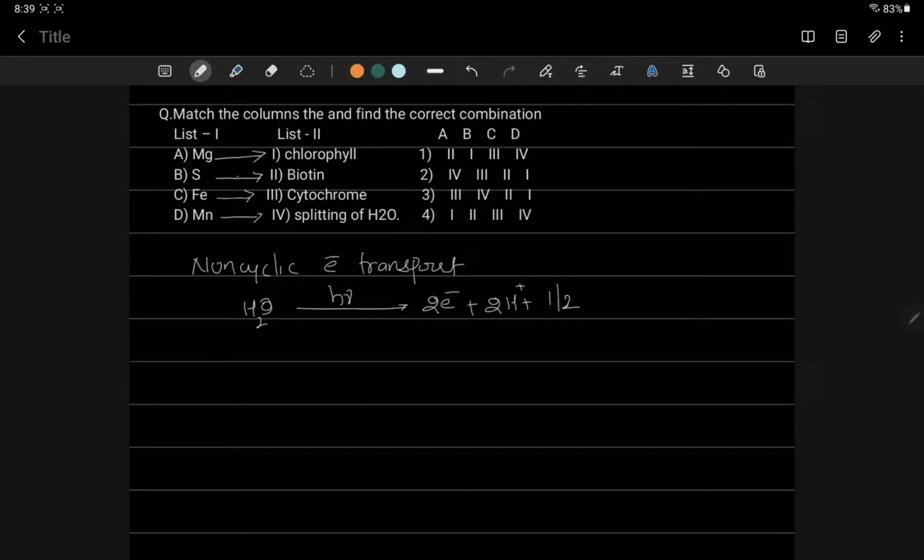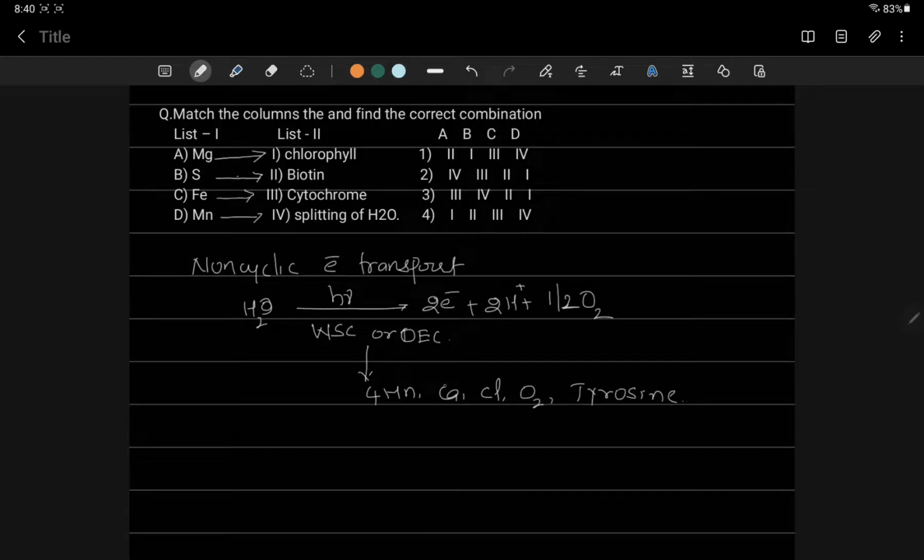So this splitting of the water molecule takes place in the presence of the water splitting complex, or it is also called the oxygen evolving complex. This water splitting complex contains 4 manganese, 1 calcium, 1 chlorine, oxygen, as well as an essential amino acid called tyrosine.